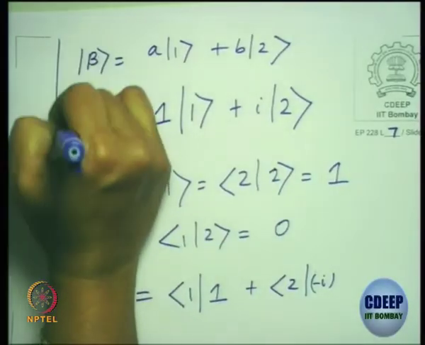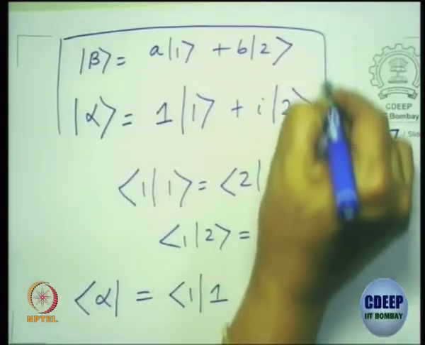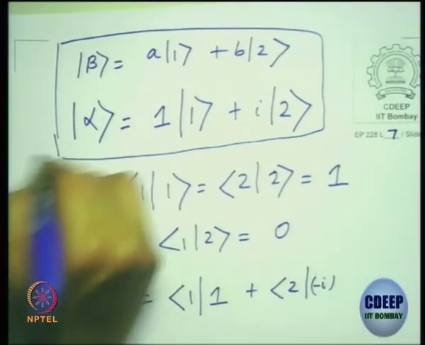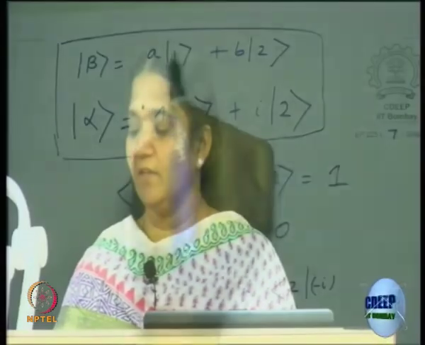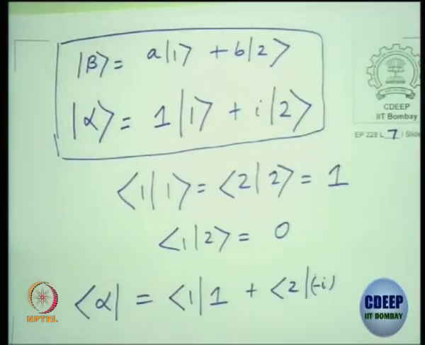Alpha is some specific state, beta is some arbitrary state. Any arbitrary state I am able to write in terms of |1⟩ and |2⟩. Linear independence and spanning the space. Since any arbitrary beta is in terms of |1⟩ and |2⟩, it spans the space.